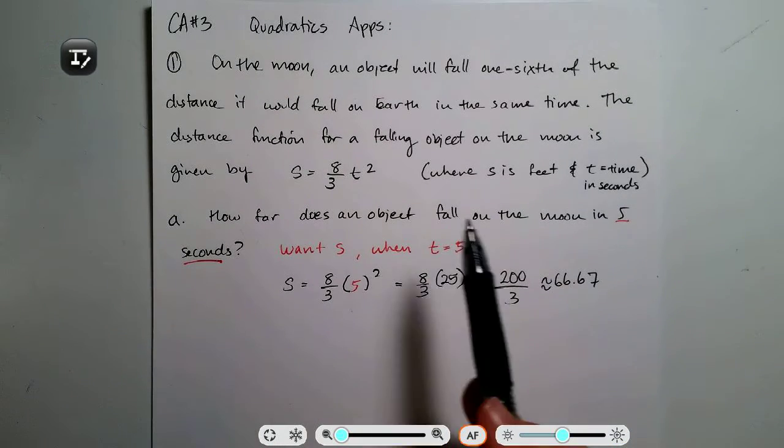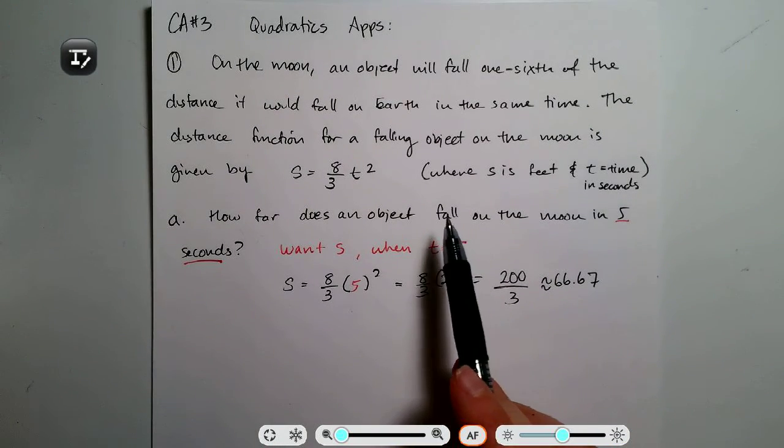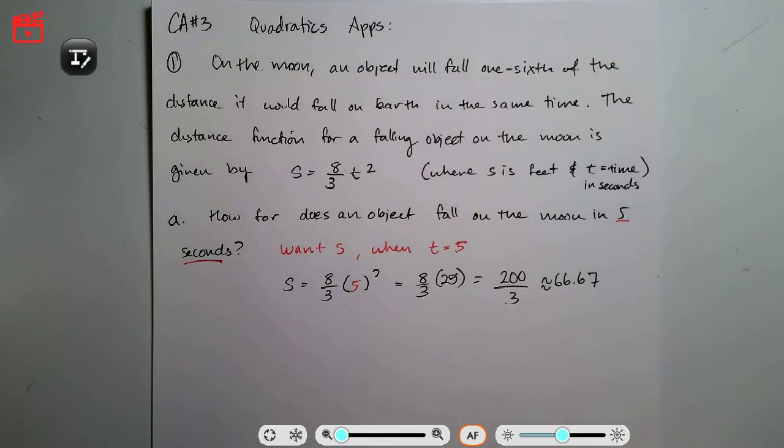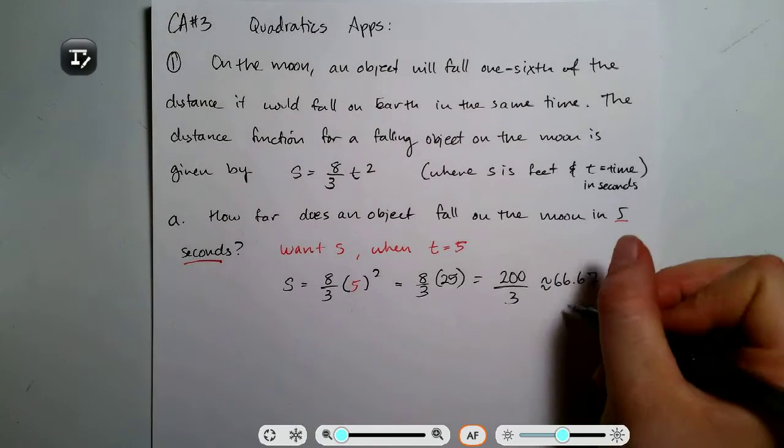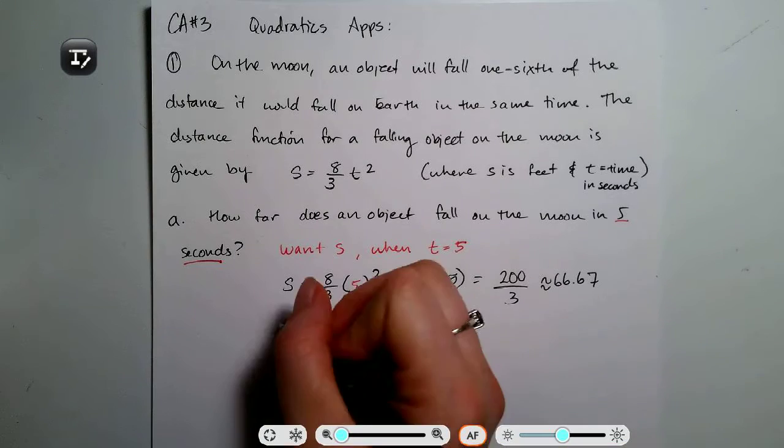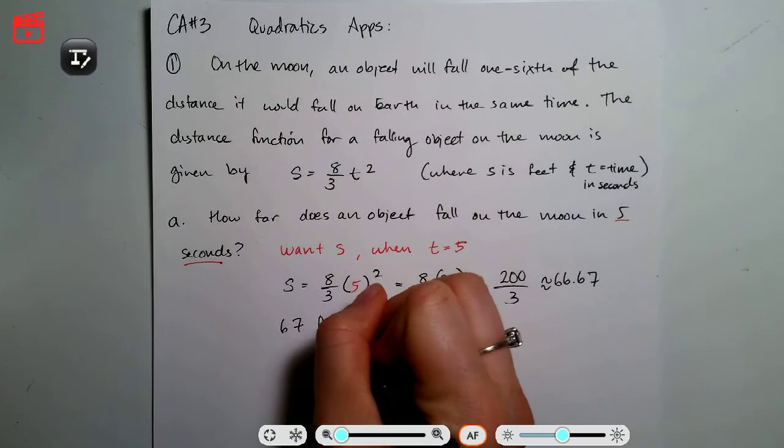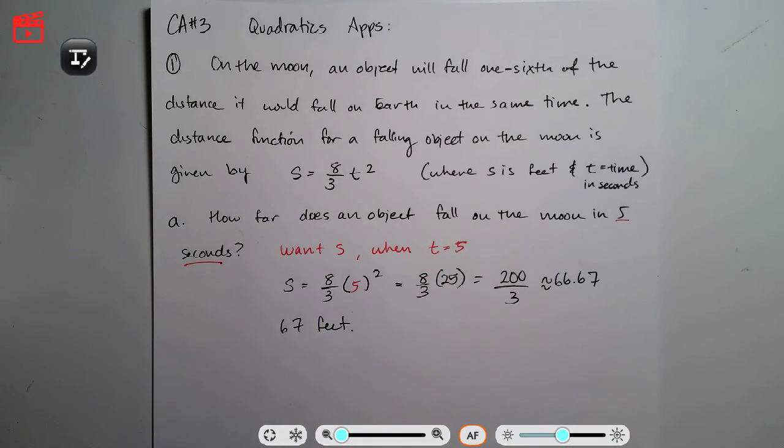It doesn't tell me how to round it, but if I wanted to round it to whole feet, we would go with maybe 67 feet. So in 5 seconds, on the moon, the object falls 67 feet. Wow, all right.